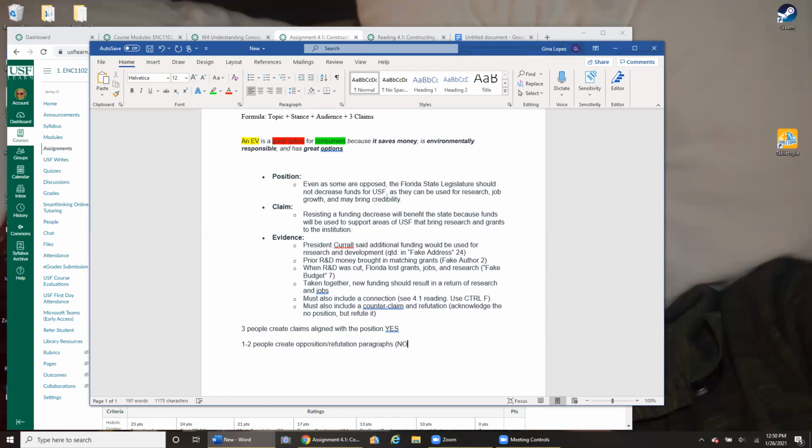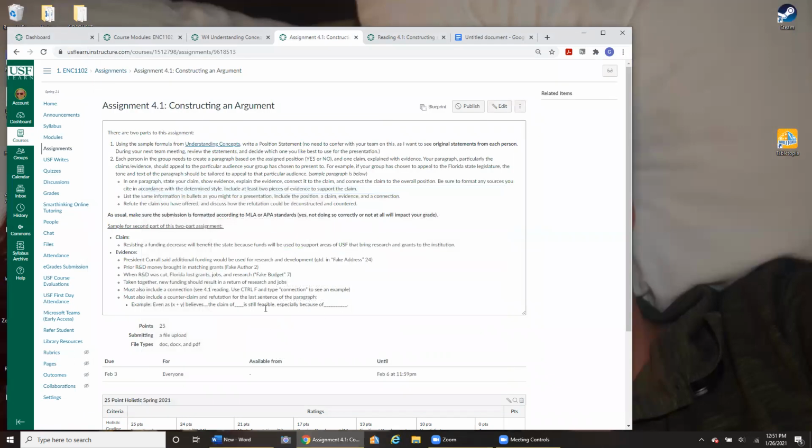So for your last sentence, if you're already writing the opposition, you're flipping it back around to yes, acknowledging that some people do agree with it, but here's how it could be, and so on. And again, if that part was confusing, then email or WhatsApp me about it.